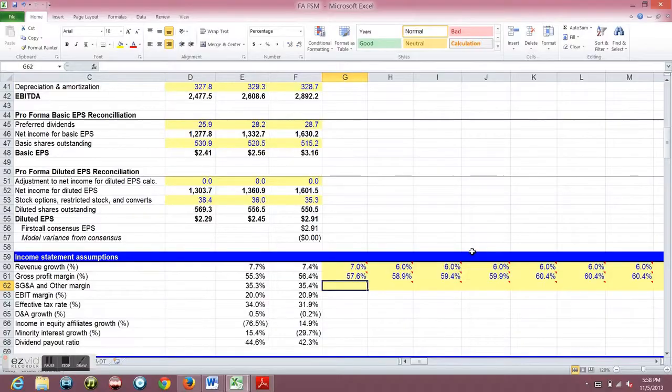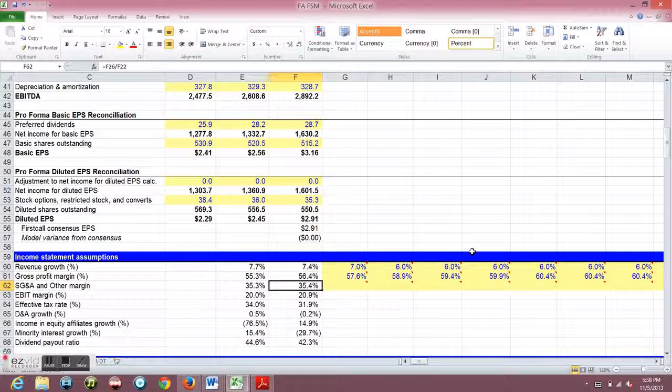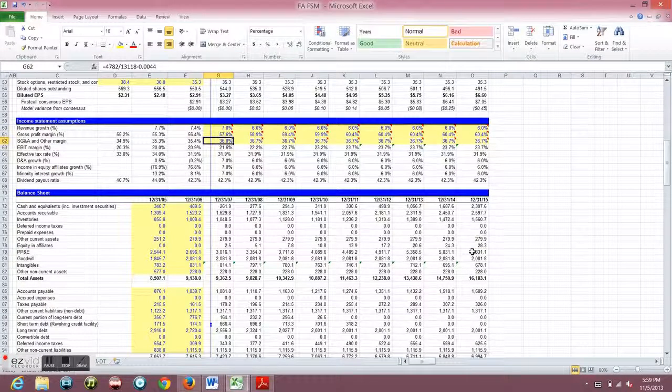We go back and say a proportion of this is other, and we add that into our SG&A margin. I don't want you to do that much work because I already have it over here. You see 4782 over 13,118, minus 0.044. That's essentially how much is other.